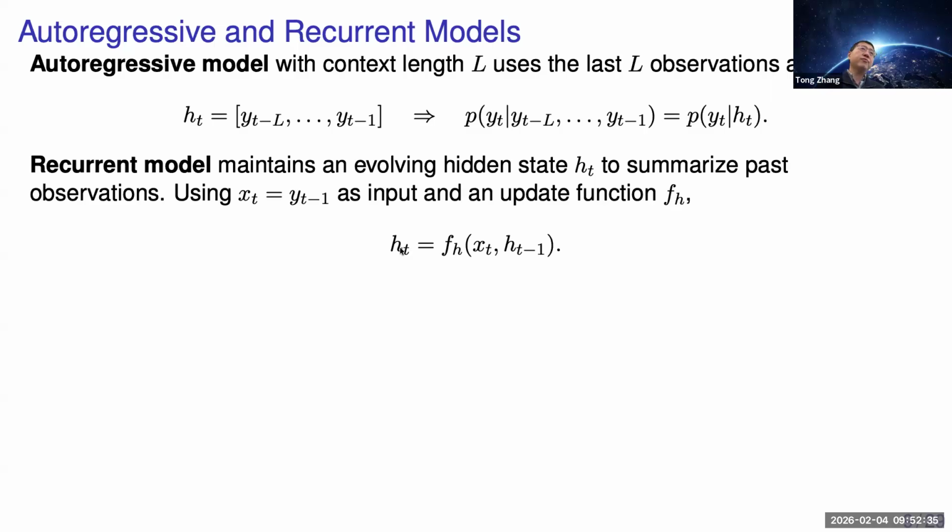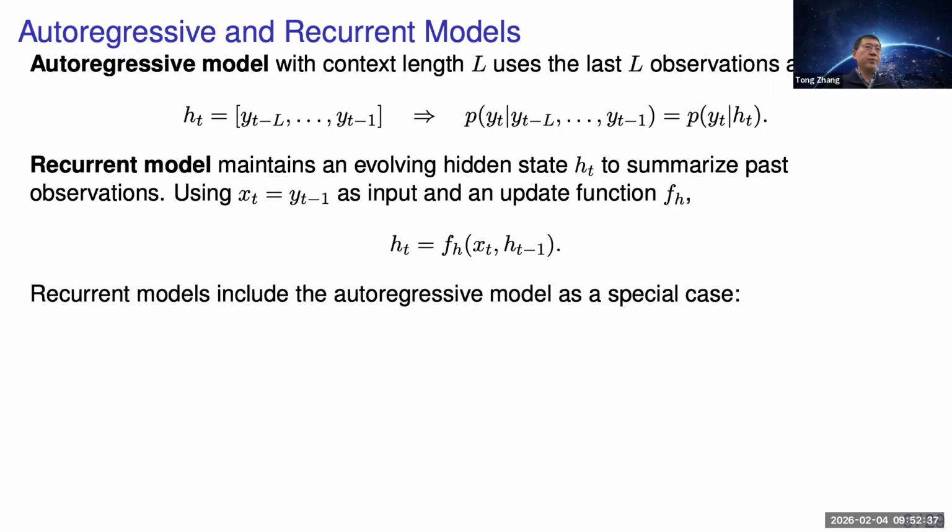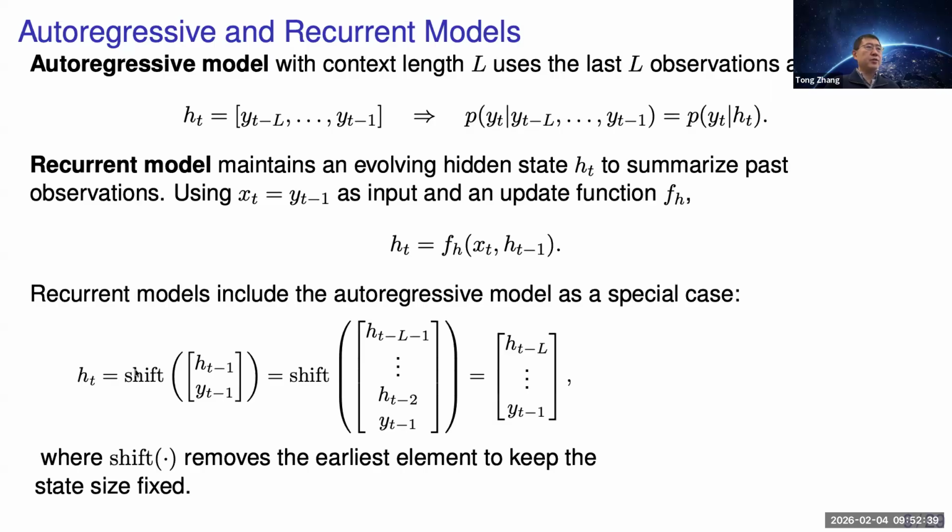So basically, that's from the definition. The way to do that is essentially a shift operator. So ht is basically this: t minus one has a size of L, it's an L vector, and then you append this guy, which means you have an L plus one vector, and then you discard the oldest, you keep the most recent L. And then it becomes this.